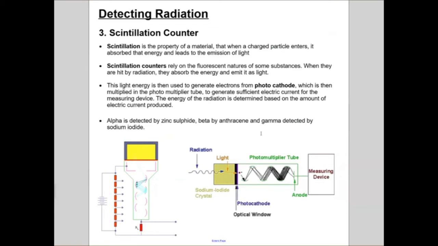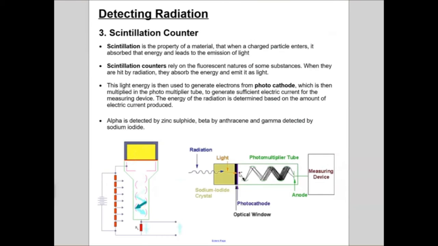So what this device has is a photomultiplier tube. These electrons are then incident onto these anodes, which are curved in disc shape just to focus the electrons onto the next anode. Right, so these are again curved anodes.